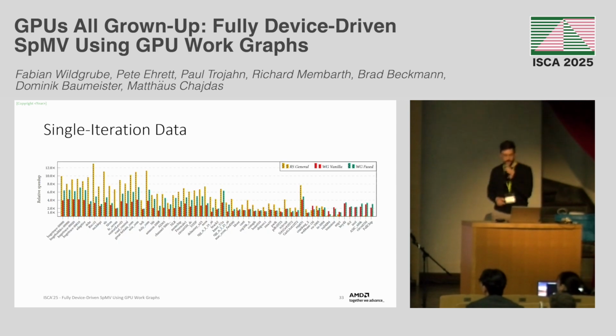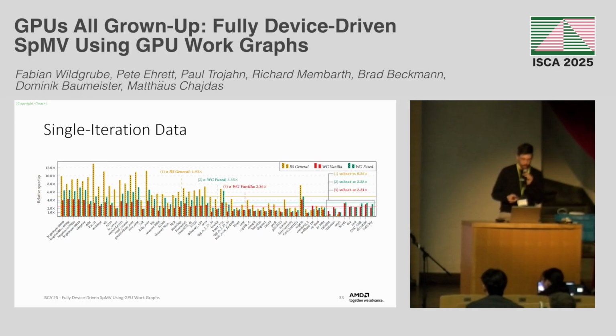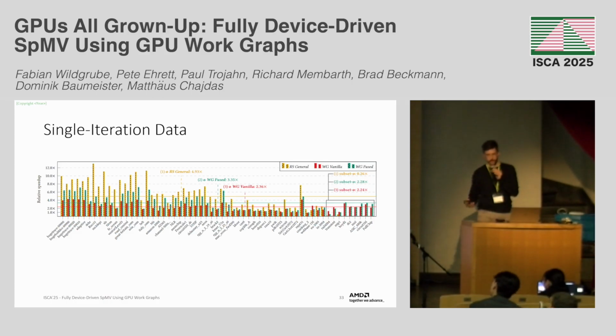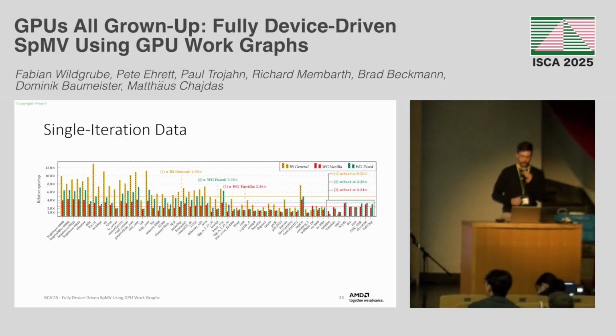So with this, adding the green bar for that variant now, we can see that it's much faster than our initial work graphs version. So in numbers, we are now up to a 3.3 times speed up compared to the RockSparse LRB baseline. And again, we keep our performance up relatively stable compared to RockSparse General, which is obvious because RockSparse General can't do that breaking out. Here we suffer from single threads running very long on very long rows.